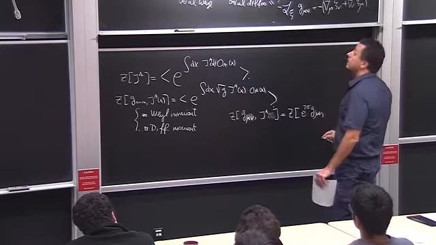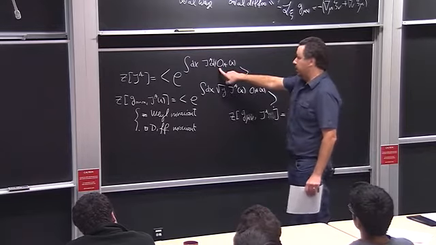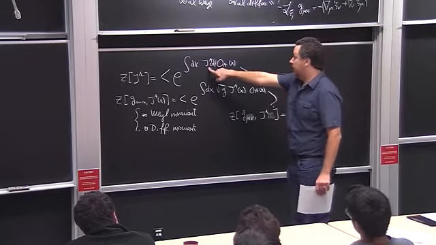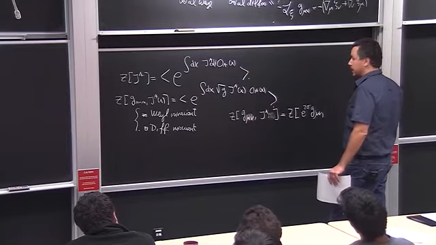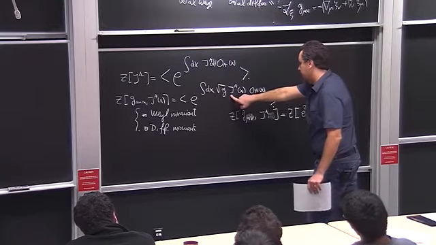And then, so if this operator has dimension delta, then this J has to scale as D minus delta.